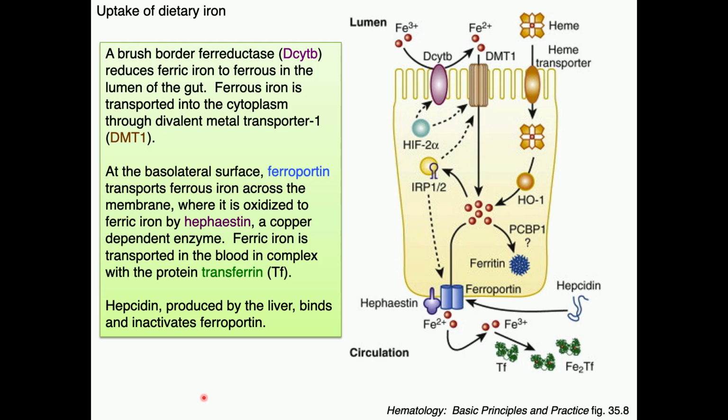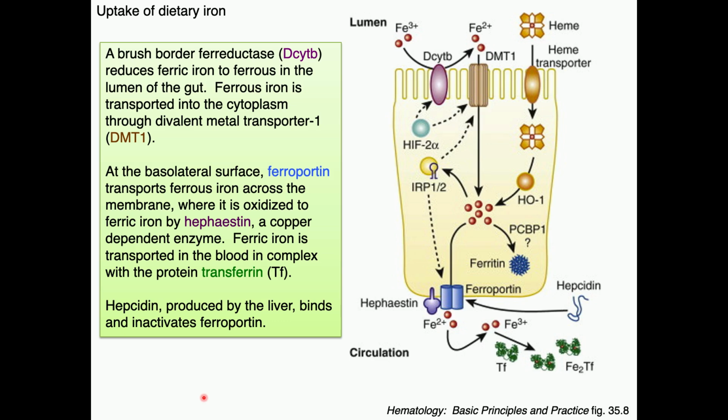We also, if we eat meat, for example, we're going to be eating a lot of myoglobin, and the protein of that myoglobin is going to digest away, and there's going to be heme. Some of that heme can be broken down by heme oxidases, like from bacteria in the gut, and then that will release free iron that can be taken up by DMT1.